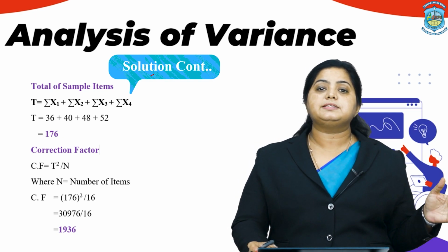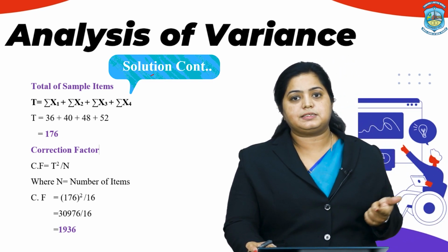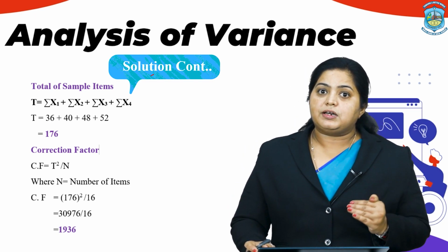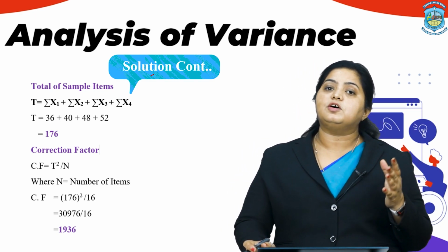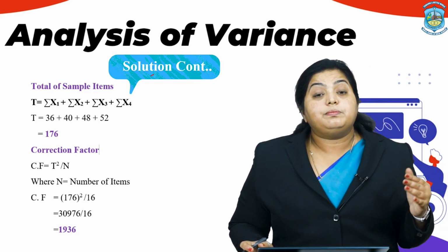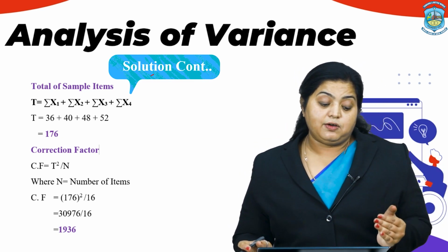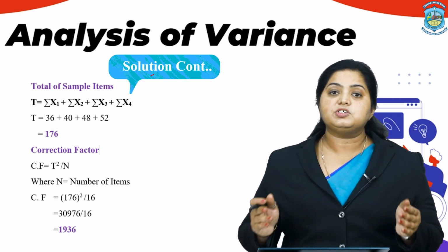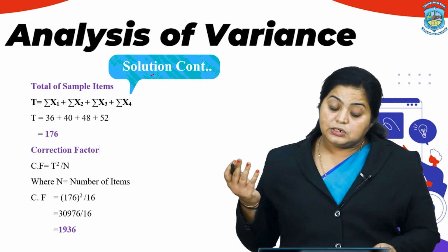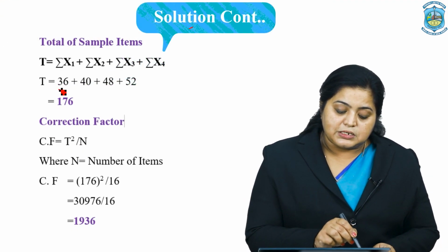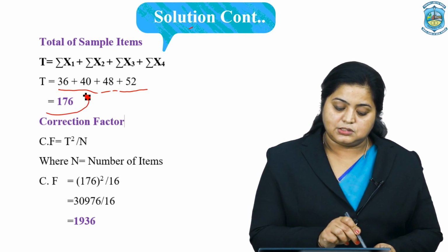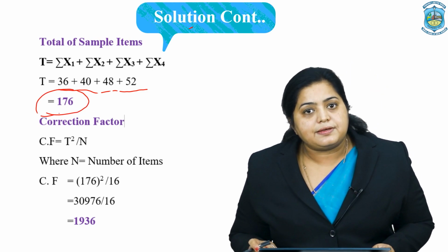We have 4 varieties of rice, x1, x2, x3 and x4. In the second working rule, we find the total of all the sample items, denoted by T. So T is equal to summation of x1 plus summation of x2 plus summation of x3 plus summation of x4. T is equal to 36 plus 40 plus 48 plus 52, that is 176. So our T is 176.